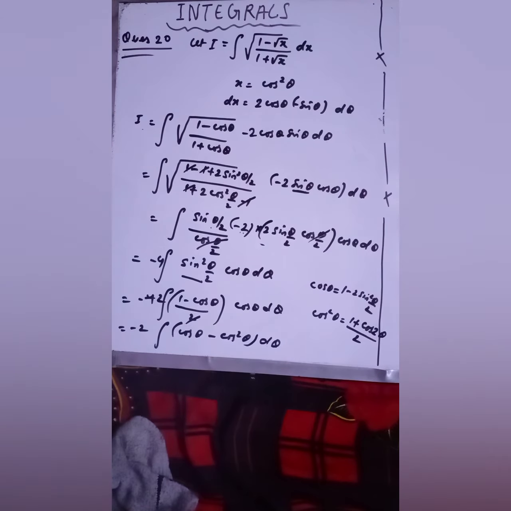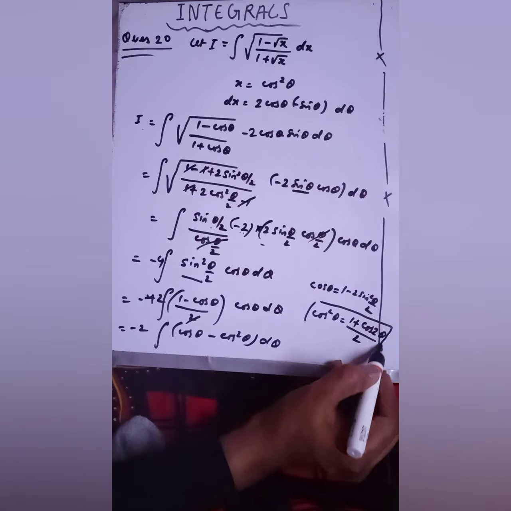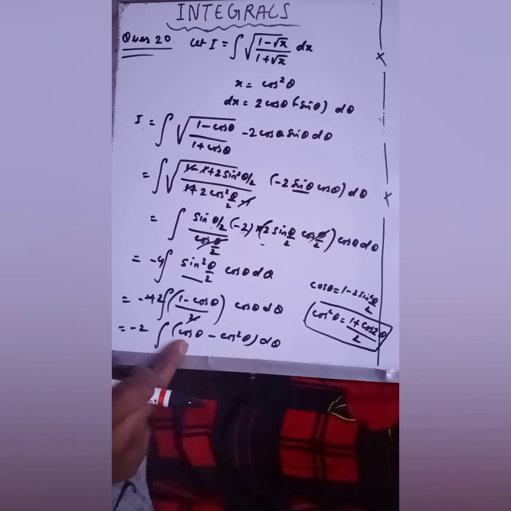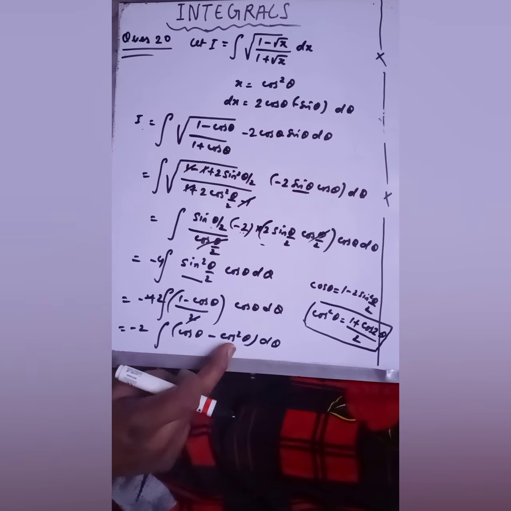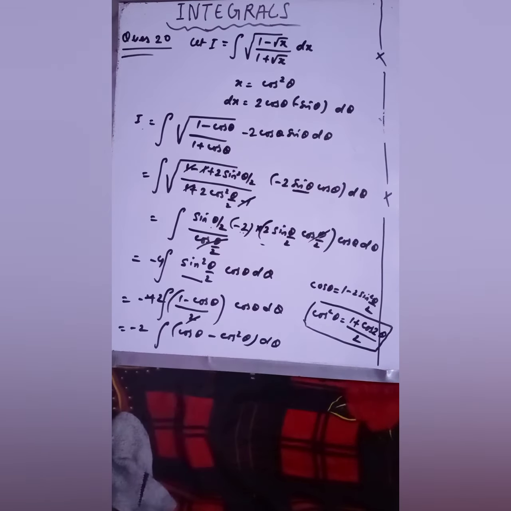This formula you will apply in place of this. You can find the integration of cos theta, that is sin theta only. And in place of this you have to put this one and then integrate. So I'm putting this.